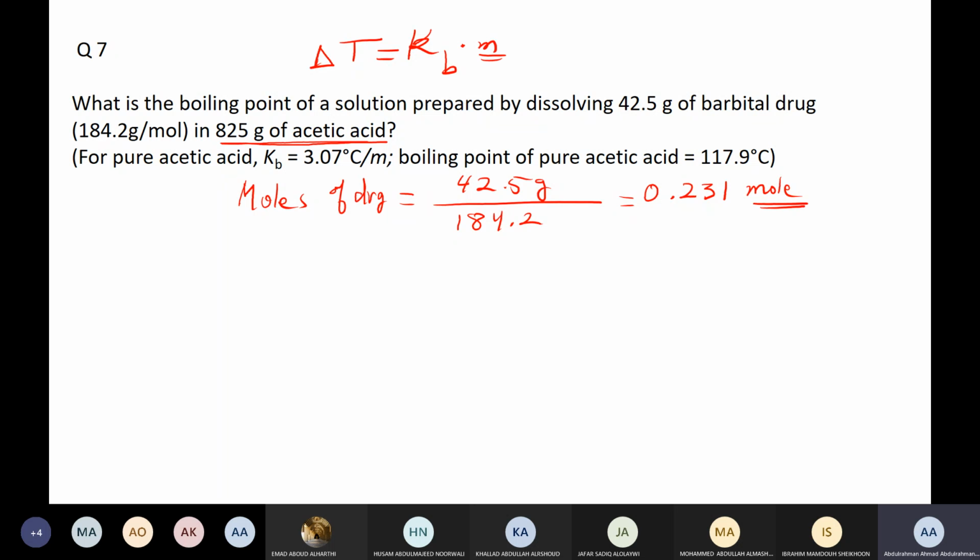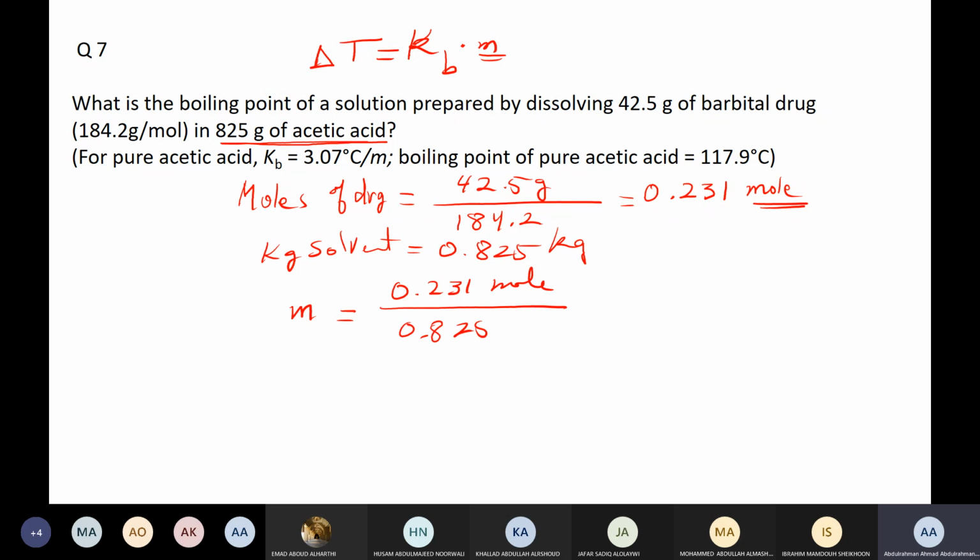What should I do to calculate molality? Divide by the kilogram of solvent, 125 divided by 1,000, which is 0.125 kilogram. So molality equals 0.231 mole divided by 0.125 kilogram. We have to make it kilogram. And what's the answer? 0.28, small m. Molality.